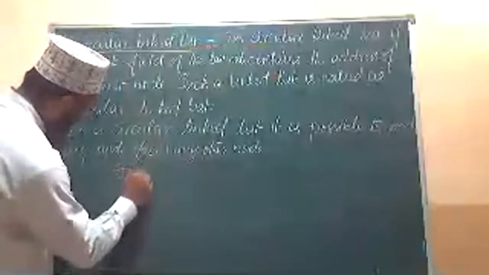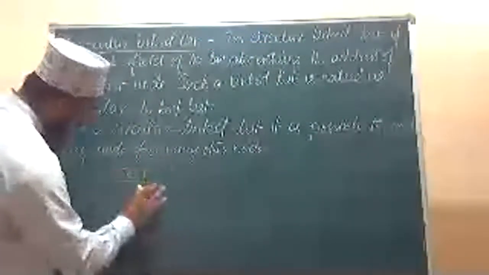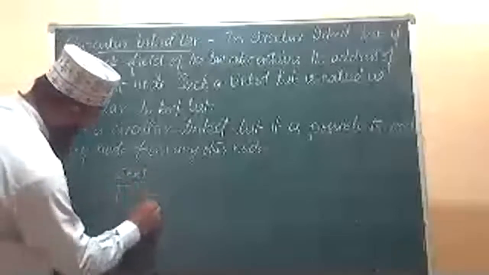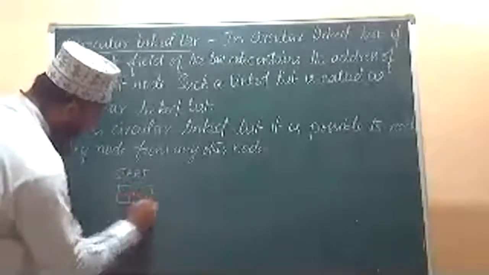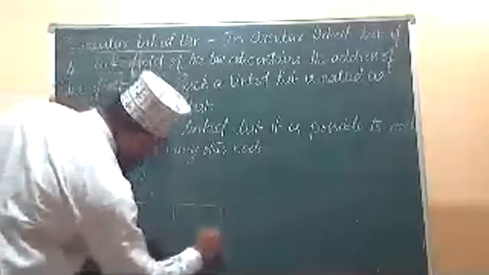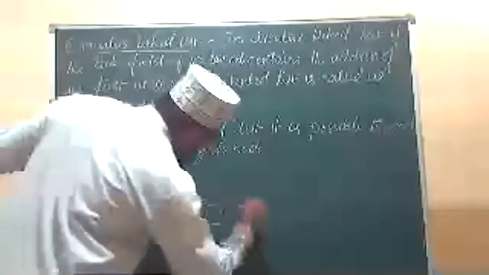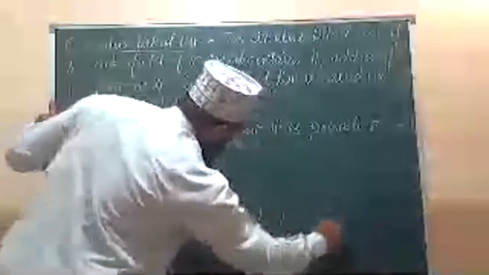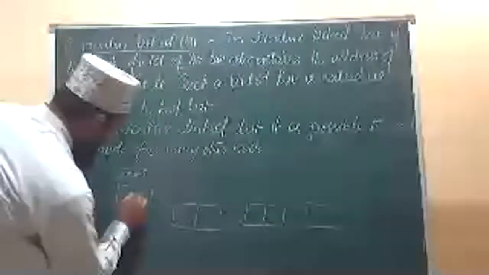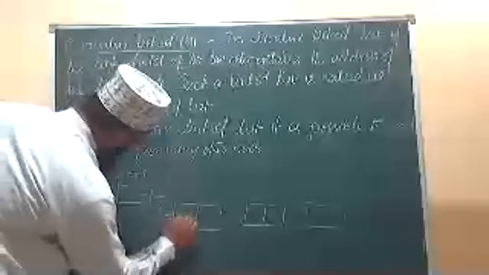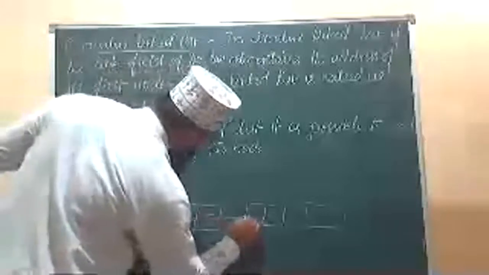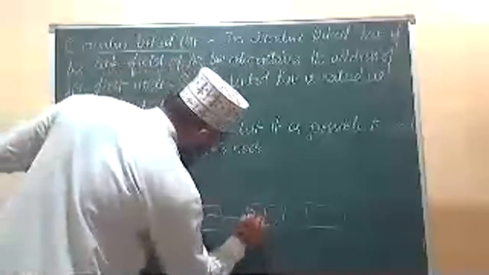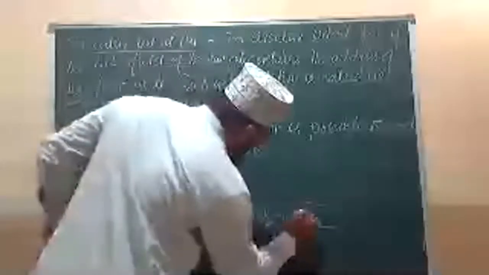Look here, this is a pointer, which can also be called the head pointer. This is connected to the data field, then to the next node, and then to the next node.